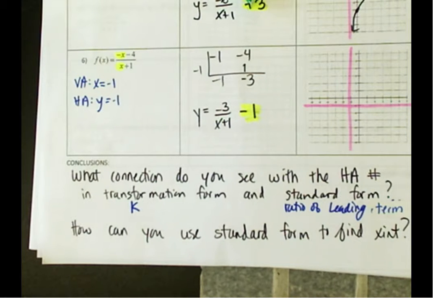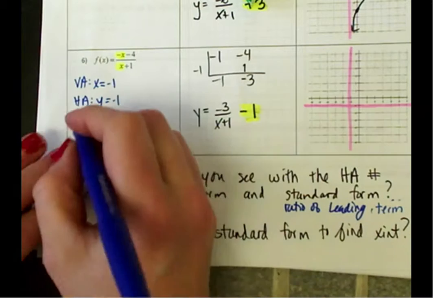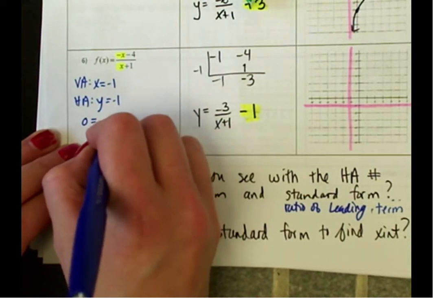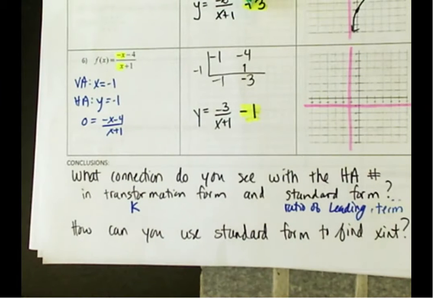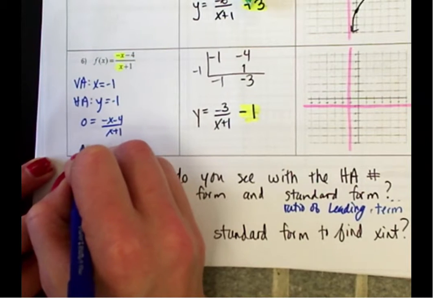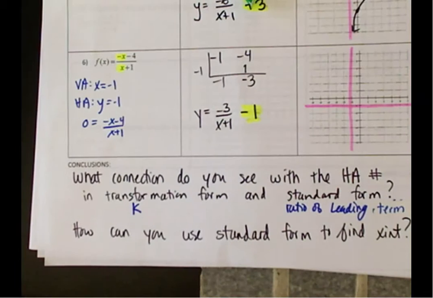So, how would you find the x-intercept in standard form? And we'll do number 6. You plug in a 0. You cross multiply, same thing as you did with standard form. What's 0 times x plus 1? 0, yes, 0.